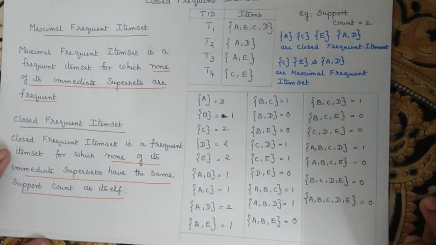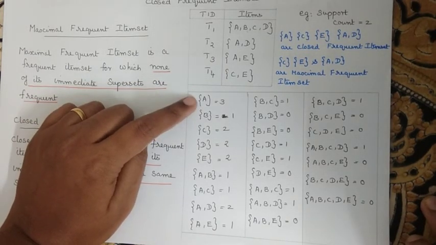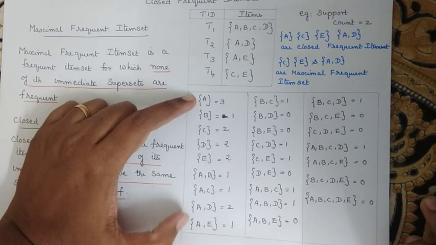The first definition is closed frequent item set. A closed frequent item set is a frequent item set for which none of its immediate supersets have the same support count as itself. For example, I am taking A. A has a support count of 3. Which are the immediate supersets of A? AB, AC, AD, AE.